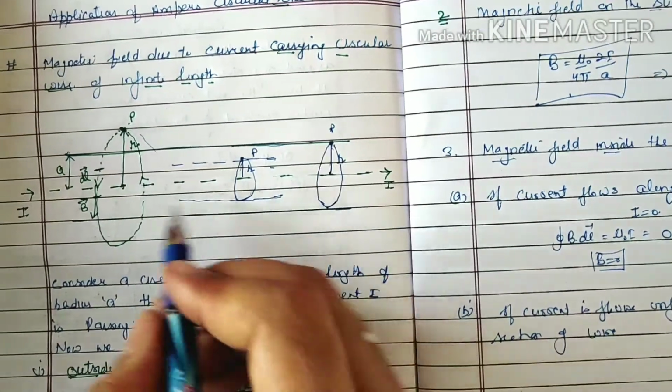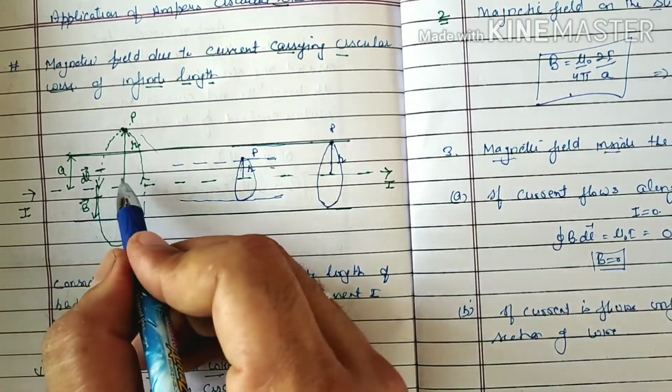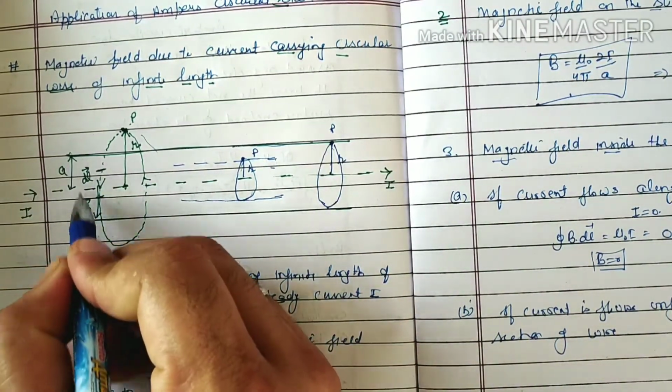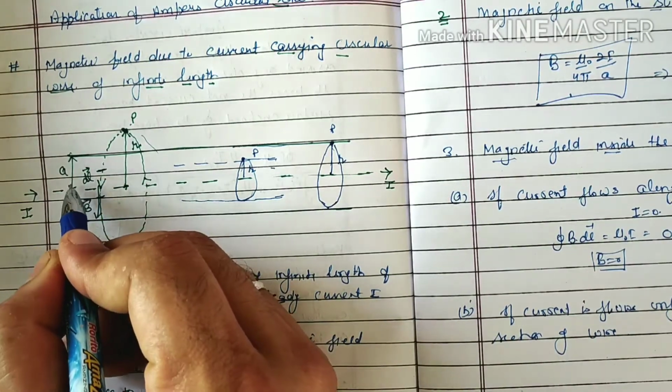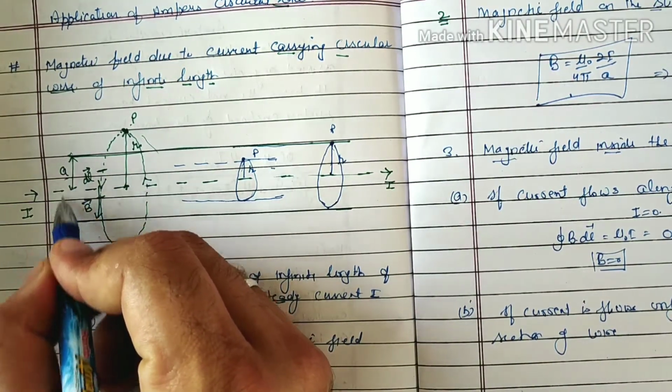So we know that the current through the full conductor is I, meaning that throughout this full cross-sectional area of radius a, the current is I.